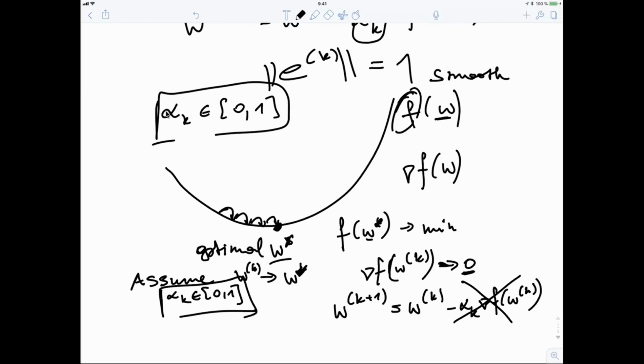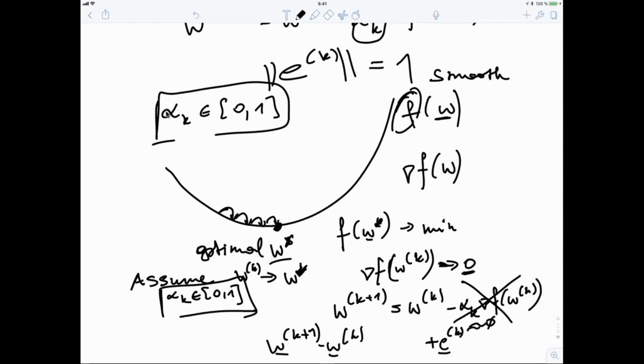So this term becomes 0. What remains is this perturbation term, ek.